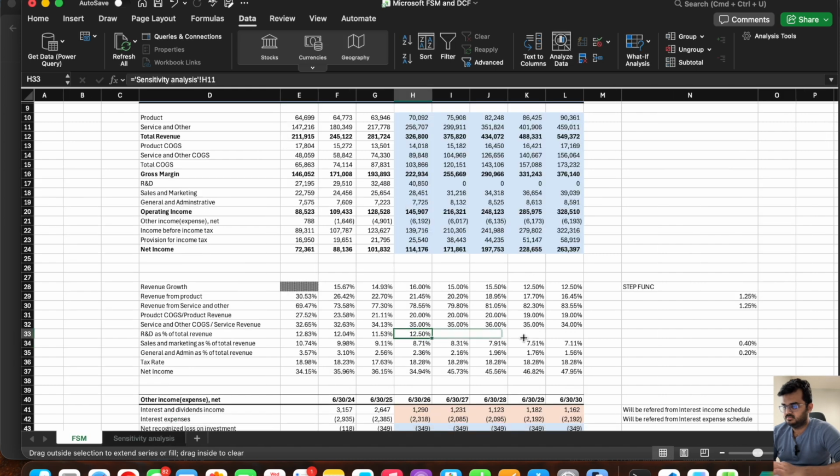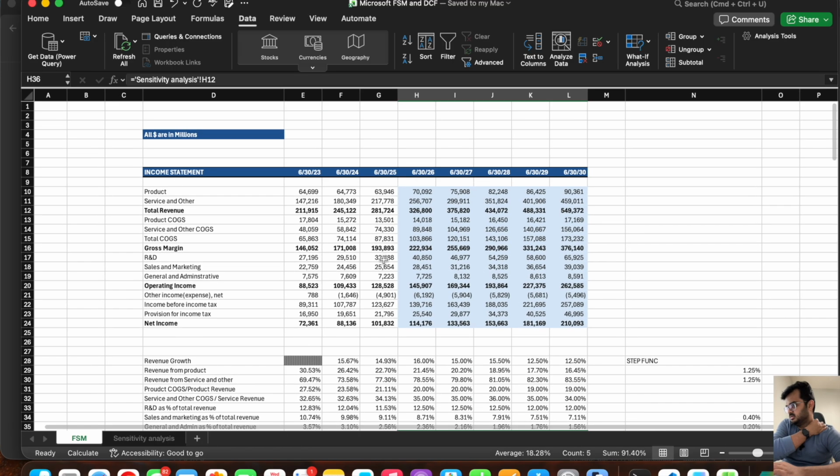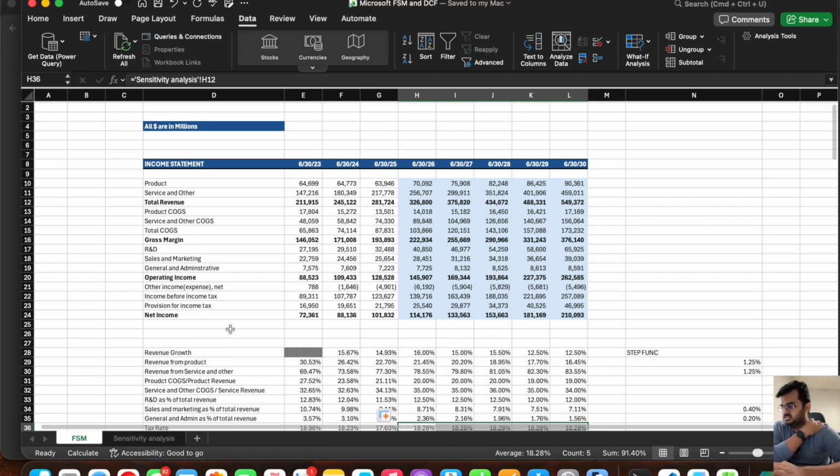This is done. Then similarly, the tax rate I will delete and then link it to this. Perfect. So now you could see the numbers change.